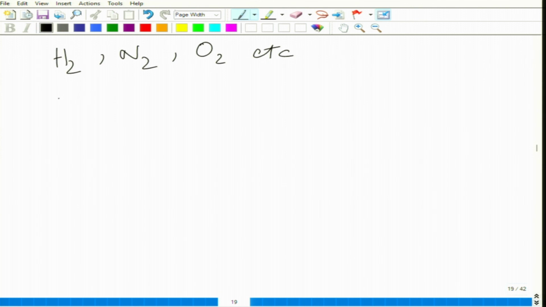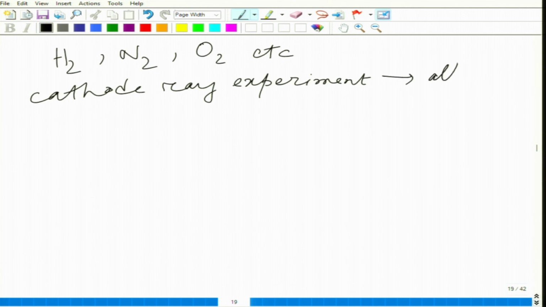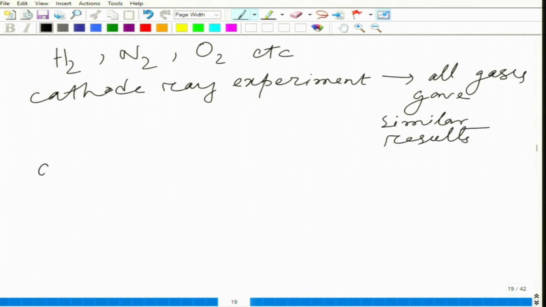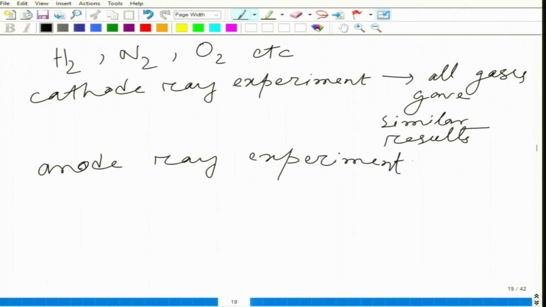The interesting observation was, for the cathode ray experiment, all gases gave similar results, but for the anode ray experiment, different gases gave different results.